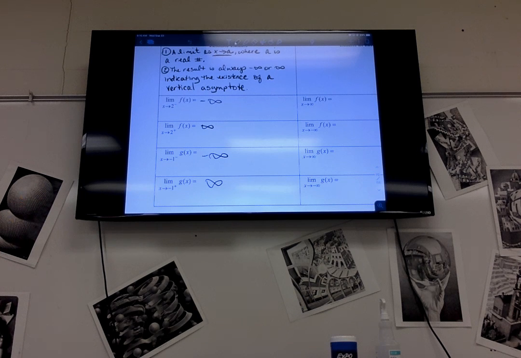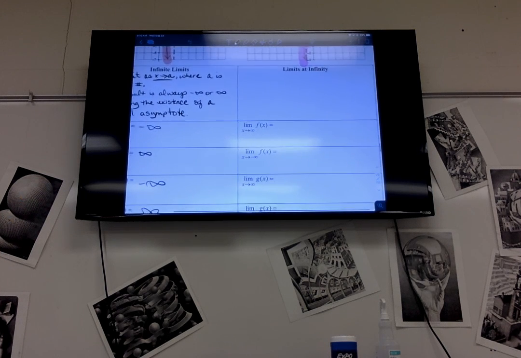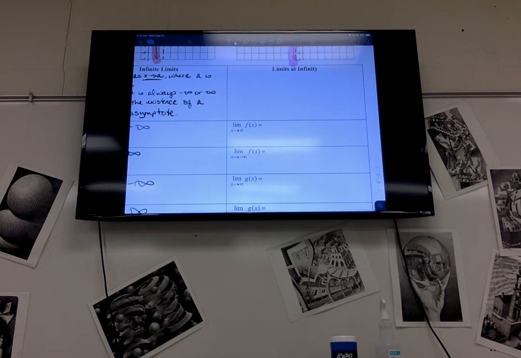Now the next side, we're talking about limits at infinity. A little bit different. Just a wee bit. It's a limit, and this time, x is going to be approaching either negative infinity or infinity.